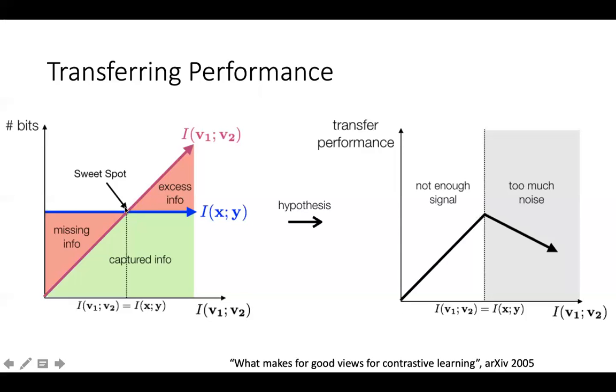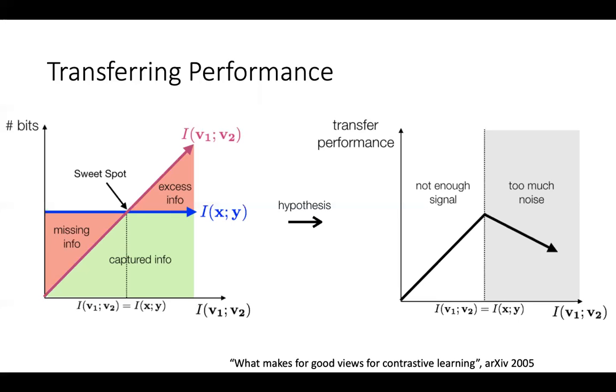After you touch this sweet spot, if you keep filling information bits, you can only fill in noise or task irrelevant information. In that case, the signal to noise ratio is decreasing, so the transfer performance starts to decrease. So here you can imagine such a reverse U-shape.